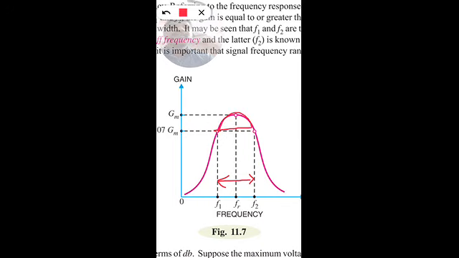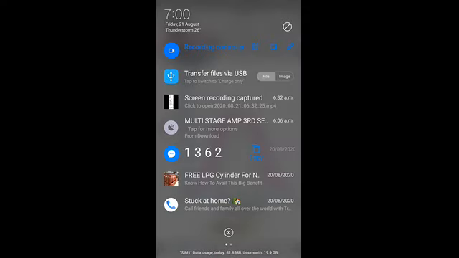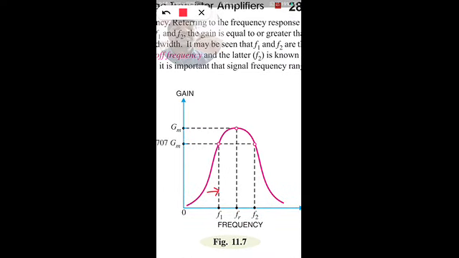This is the portion of the gain where it remains greater than or equal to 70.7% of the maximum gain. So this range we call the bandwidth of the amplifier.